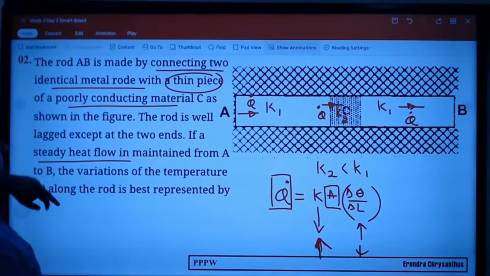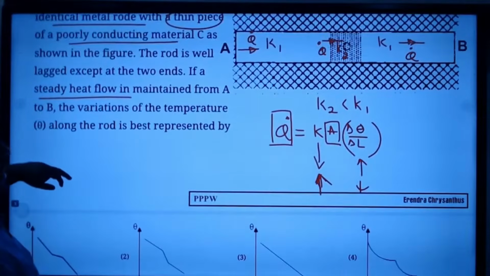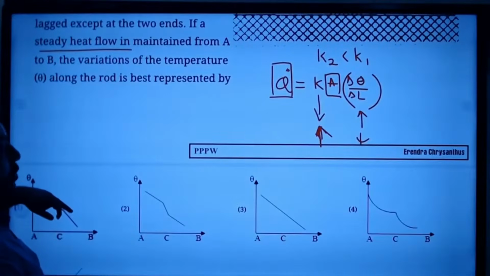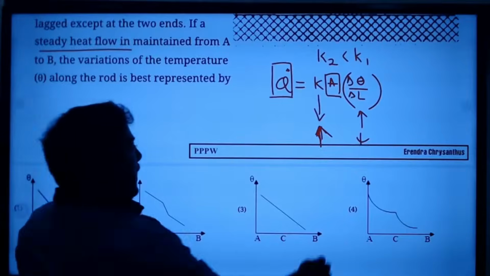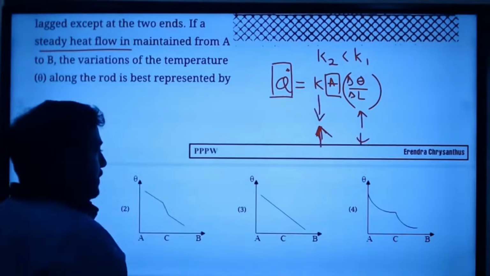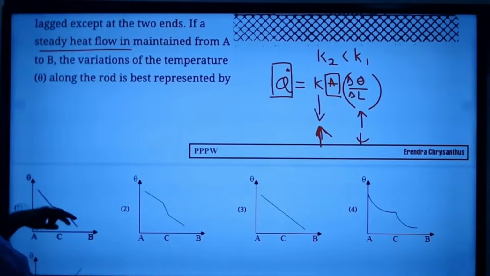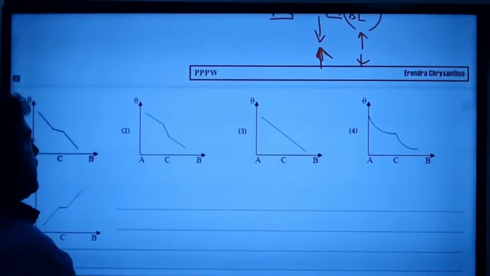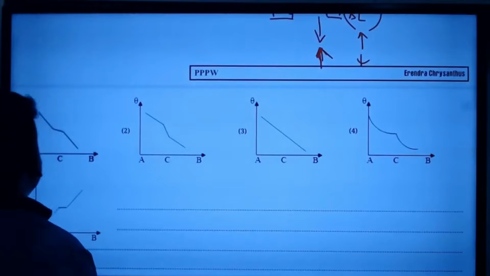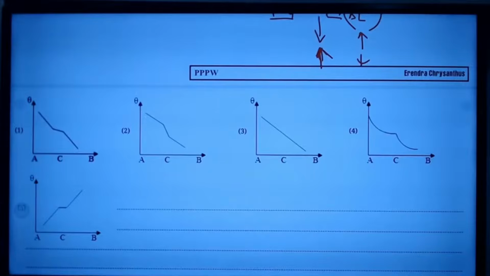Now you must select the correct diagram. Initial K is large, K1 is large. Larger K1, smaller temperature gradient. Smaller K, larger temperature gradient. So initial and final should have the same gradients.